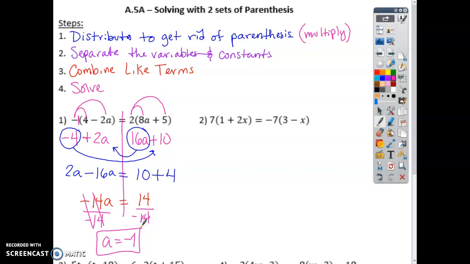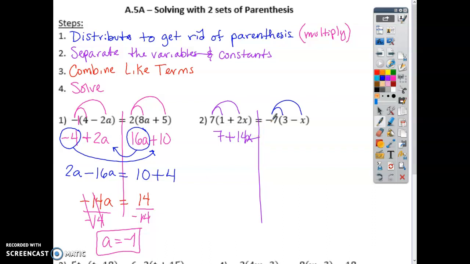All right, let's do number 2 a little bit faster. Step number 1, distribute. So we're going to multiply these two, and we're going to multiply these two. What's 7 times 1? 7. What's 7 times 2x? Positive 14x. Okay?